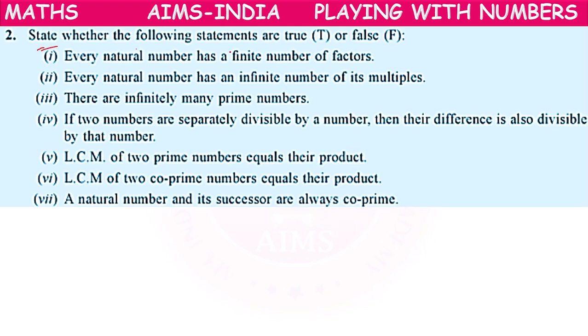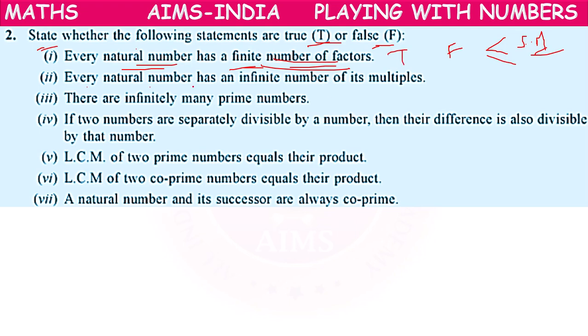State whether the following statements are true or false. Every natural number has a finite number of factors. Yes, factors are always finite, because the factors of any number are less than or equal to the same number. So that's why they are finite. True.